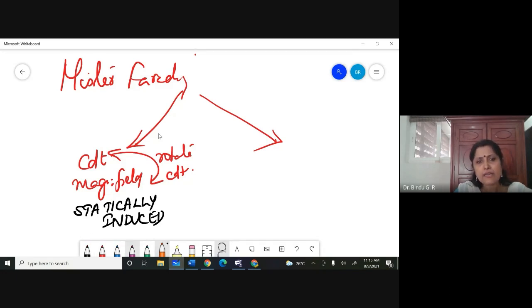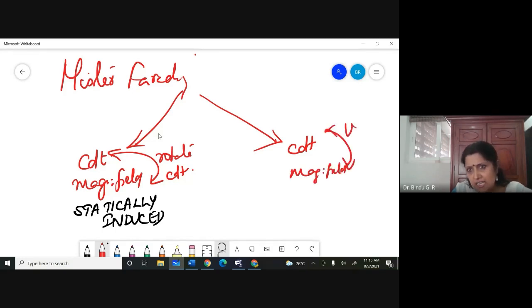And Faraday, we can also do something else. You can have a conductor, you can have a magnetic field, and you can vary the magnetic field.